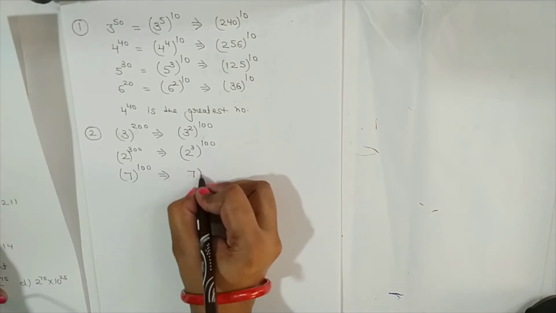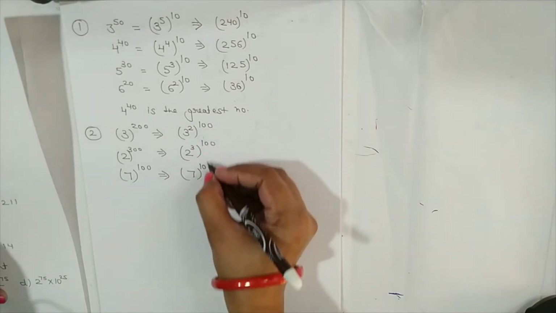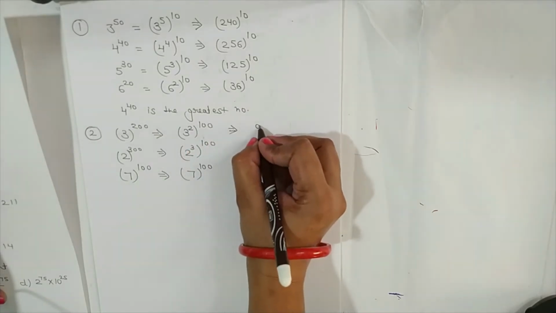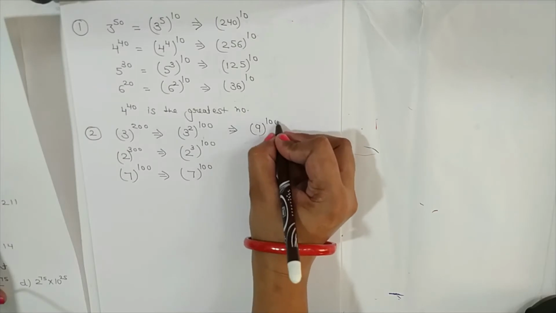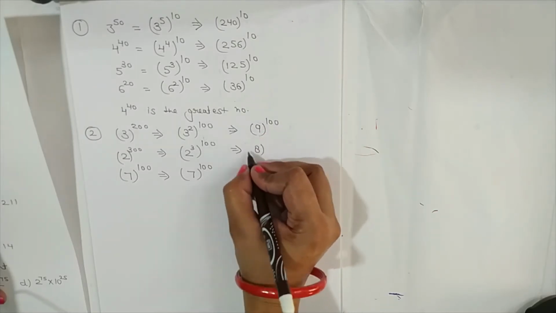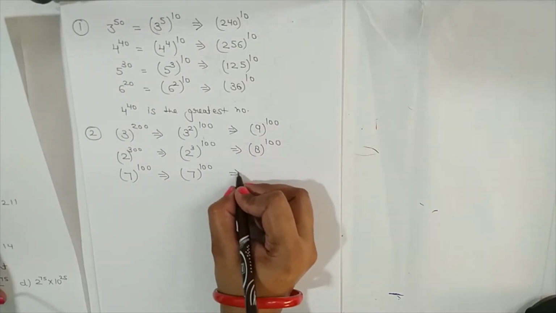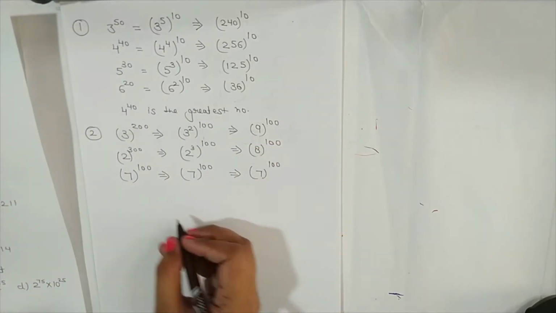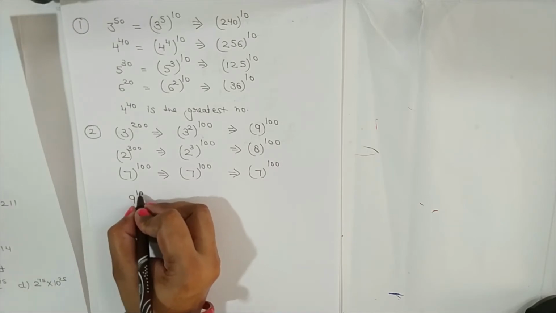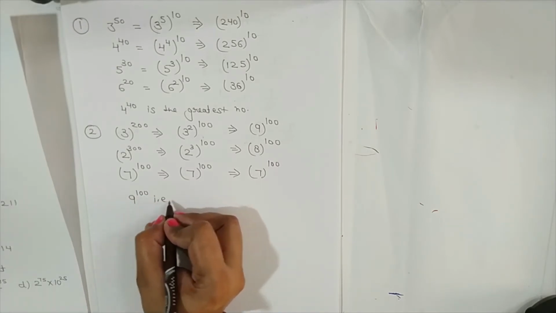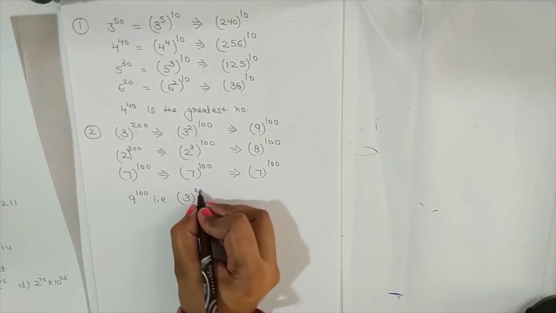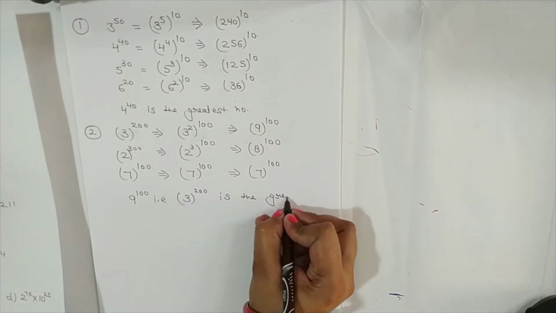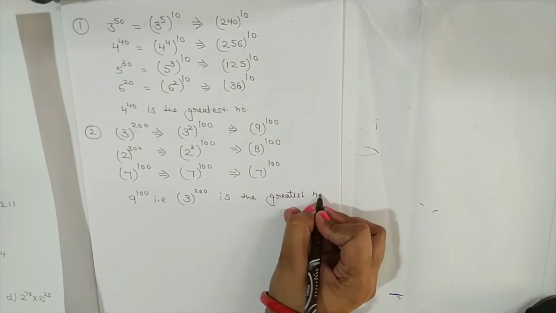Now the powers are the same, so we have to simplify this. It becomes 9 to the power 100, then 8 to the power 100, then 7 to the power 100. So compare the base, which one is greatest? 9 to the power 100, which means 3 to the power 200 is the greatest number.